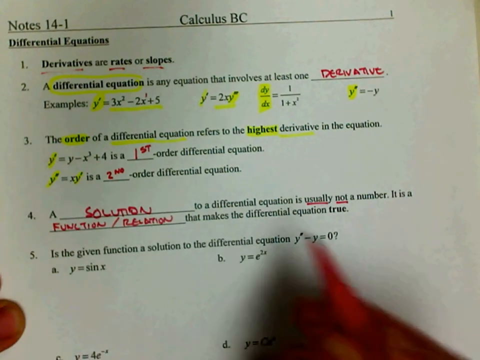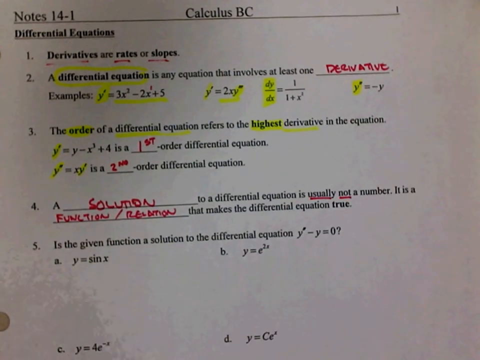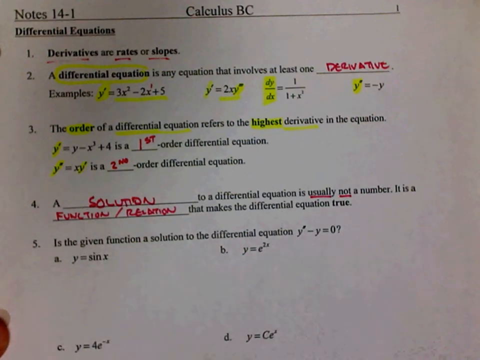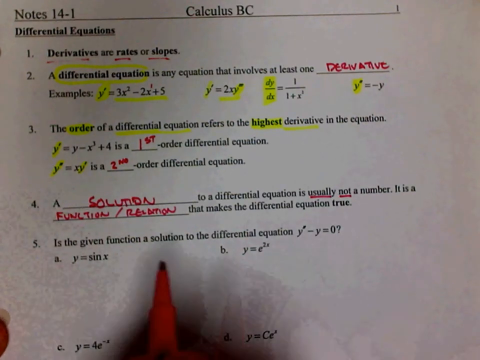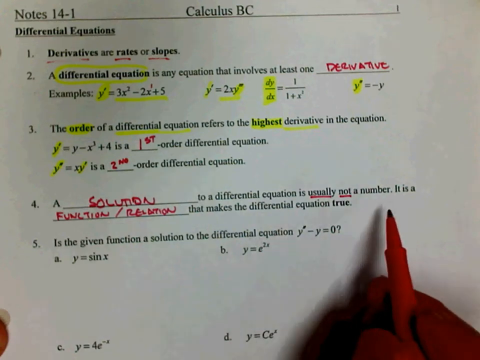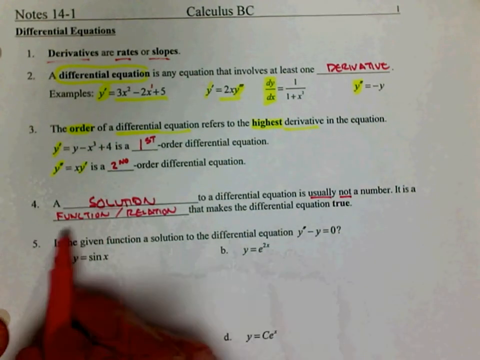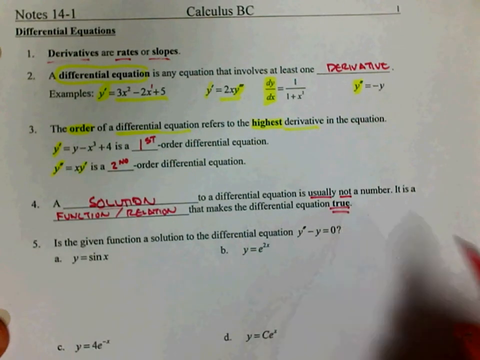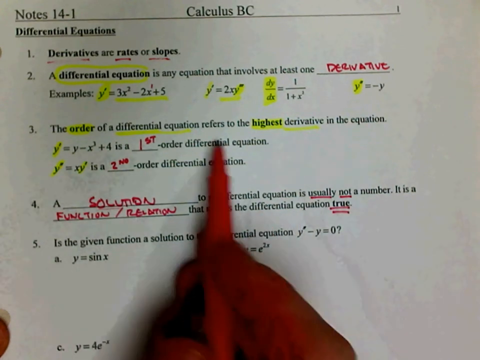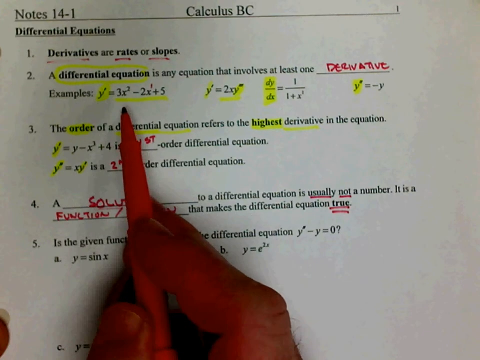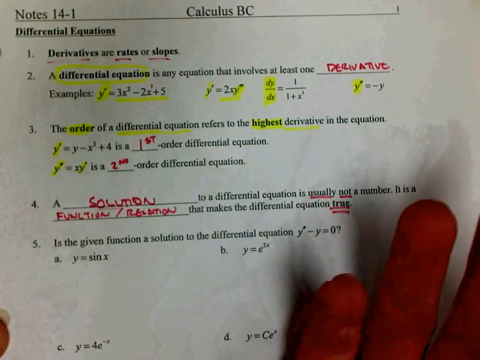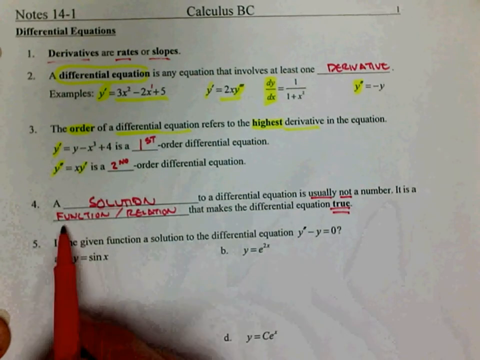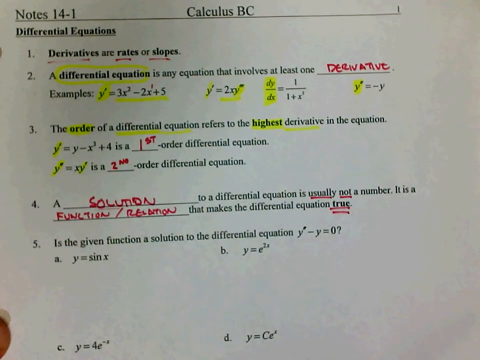You can recall back Algebra 1, how a function and a relation are related, but can be something totally different. So what we're going to do here to find our solution is find that function or relation that makes the differential equation true. Just like a solution to a polynomial equation might be the set of numbers that make that true, this will be a function or a relation that will make that true.